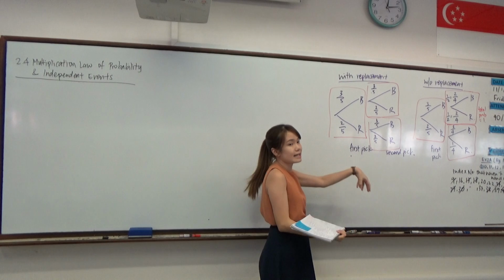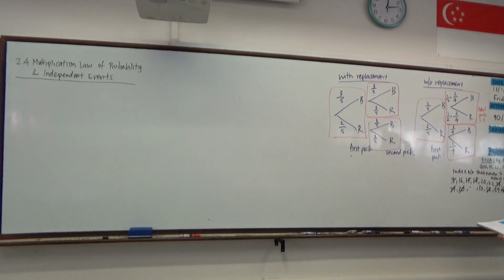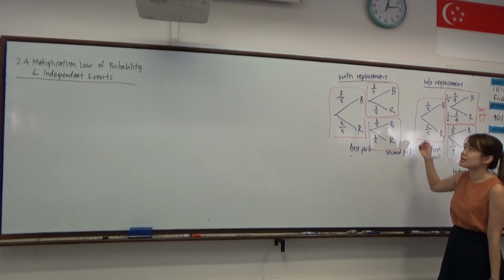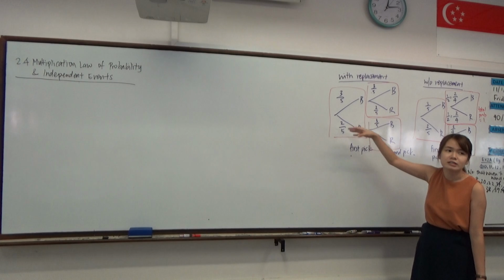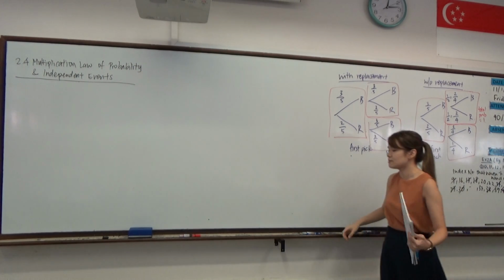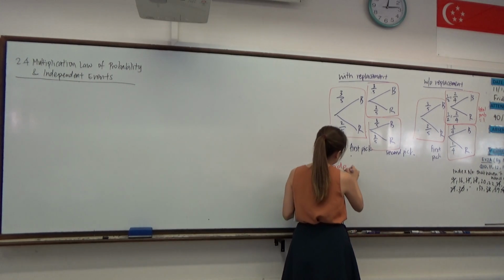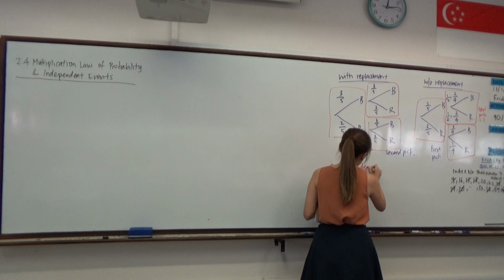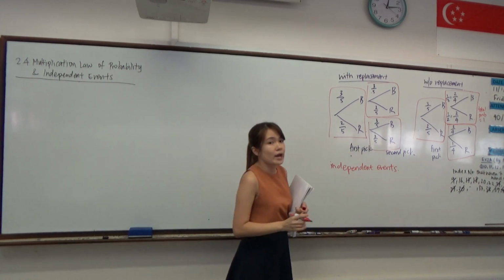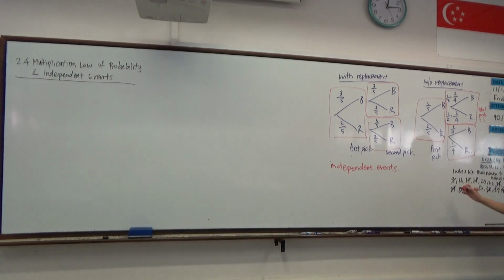Replacement of the ball inside the bag, right? This is what we call an independent event. Because the probability of the second pick is not affected by the first pick. You understand? So when there is replacement, it will be considered independent events. Whereas without replacement, they are considered dependent events.